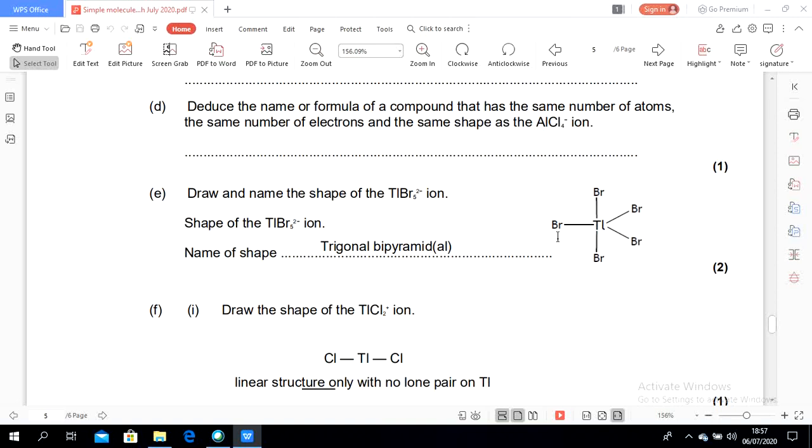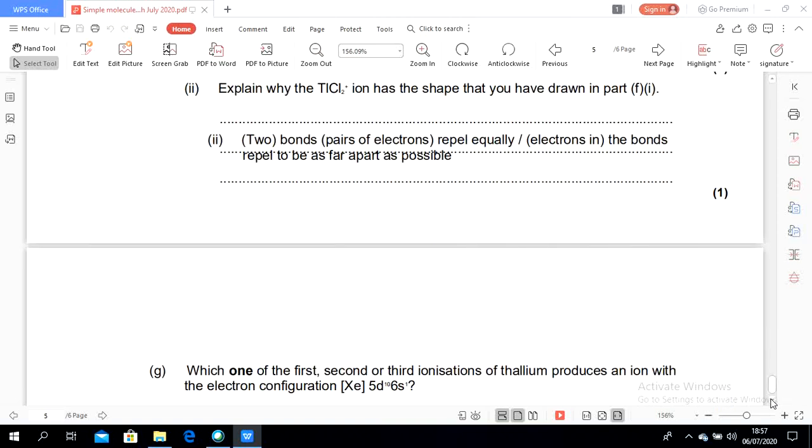So it has 5 bond pairs and 0 lone pairs. It is called trigonal bipyramidal with angles of 90 degrees and 120 degrees.